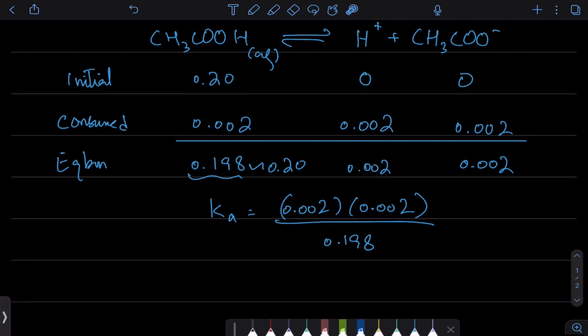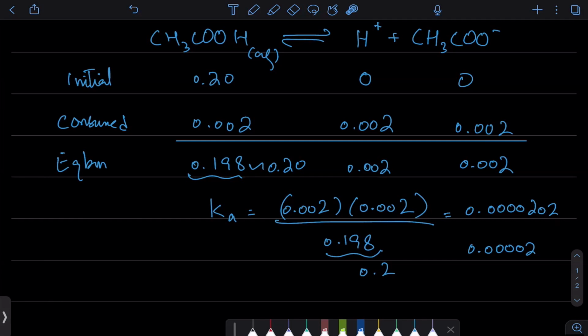मतलब अगर मैं इसको actual value करूं तो 0.002 squared divided by 0.198, that is 0.40, then 2, then 0.202 and all that. So this is 0.000202. और अगर मैं यहां पर 0.2 लिख दूं जो ओरिजिनल वैल्यू थी तो it will simply give me 0.00002. तो देखें ना, what is the difference coming out of this place?